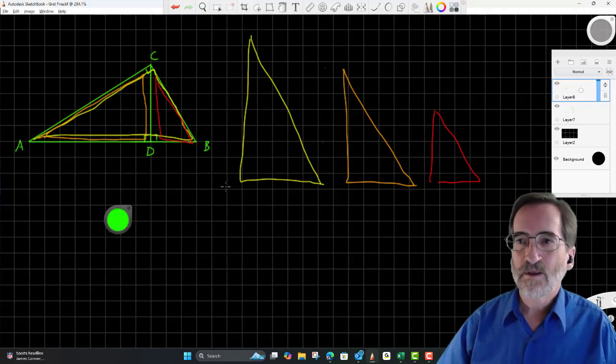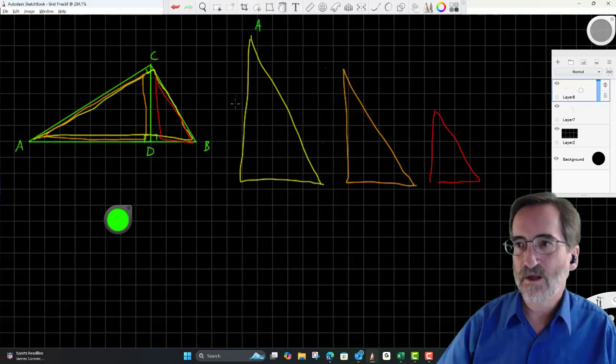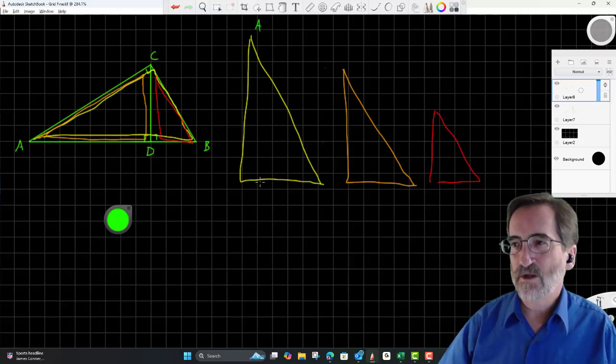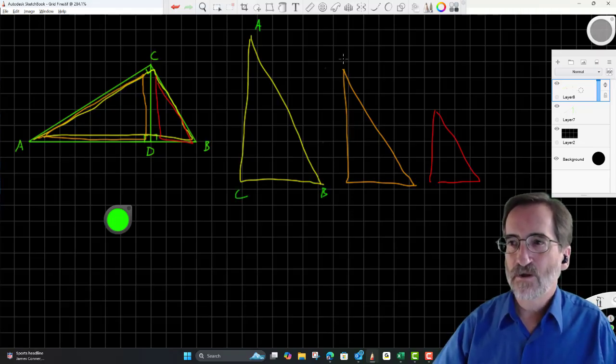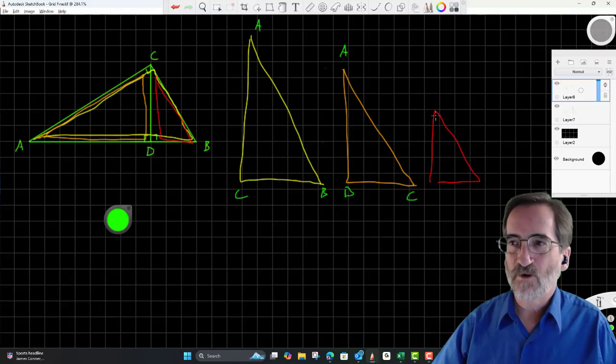So the idea here is, let's see if I can map out which angles are what. Angle A, angle B, angle C. This is angle A, angle D, angle C. I'm going small angle, medium, right angle, medium angle.